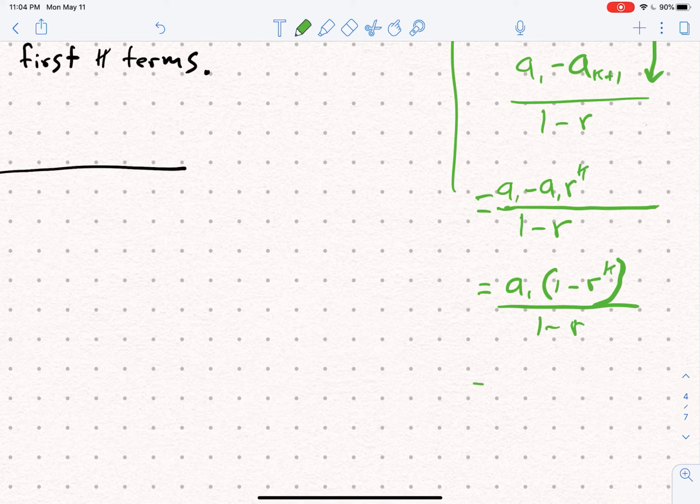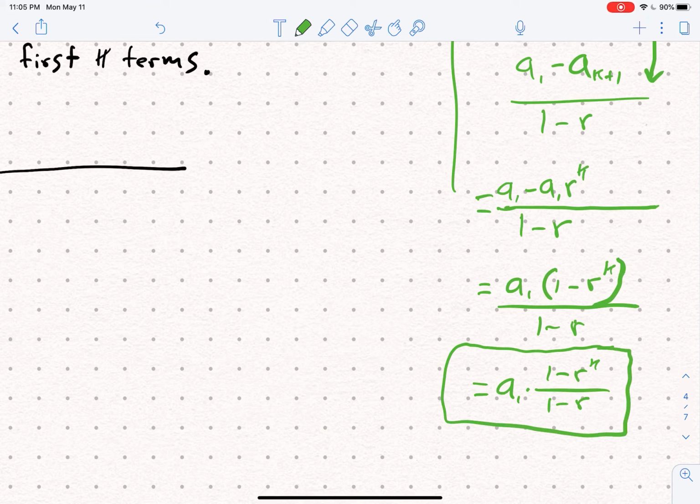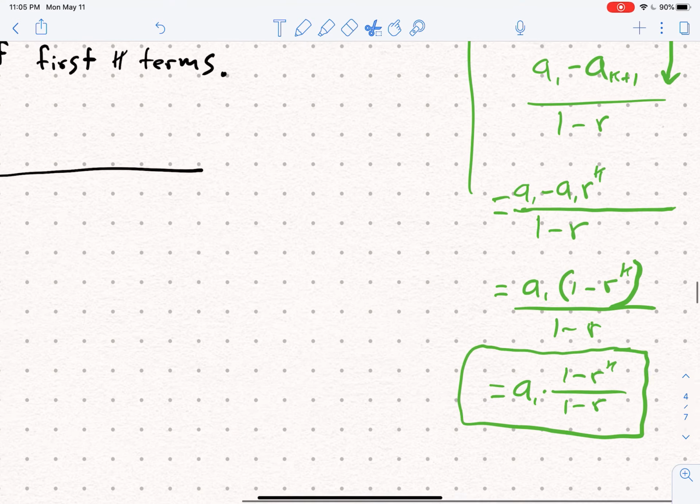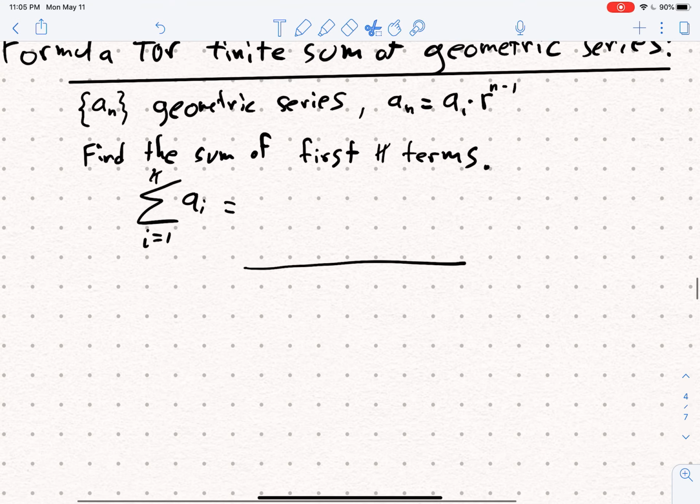But the way that you'll see it in books and other places is that the sum is equal to a1 times 1 minus r to the k over 1 minus r. And this is the formula for the partial sum, the first k many terms of that geometric series. Let's go ahead and write it down. This is our answer.